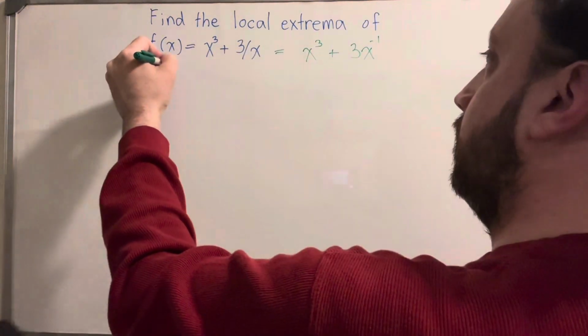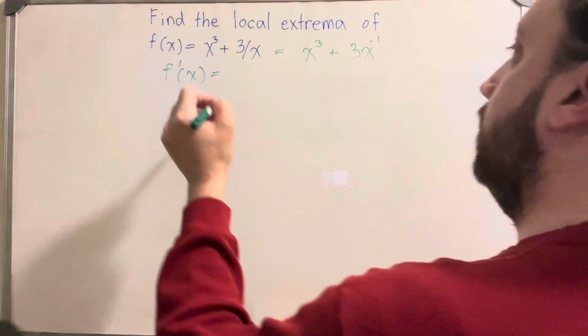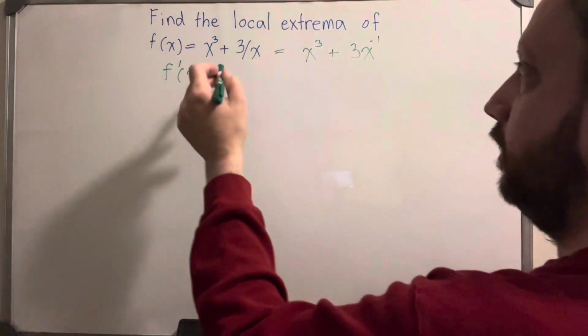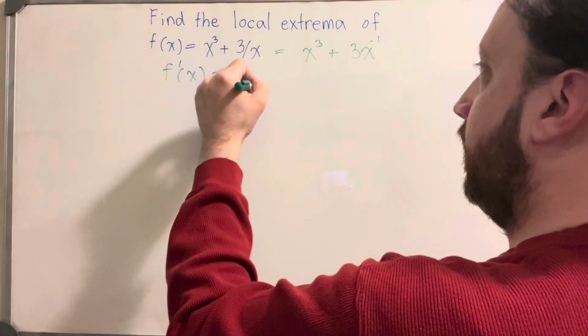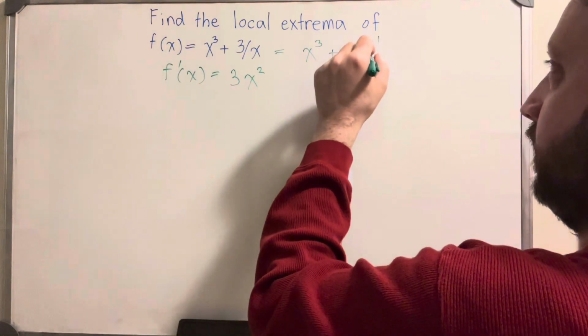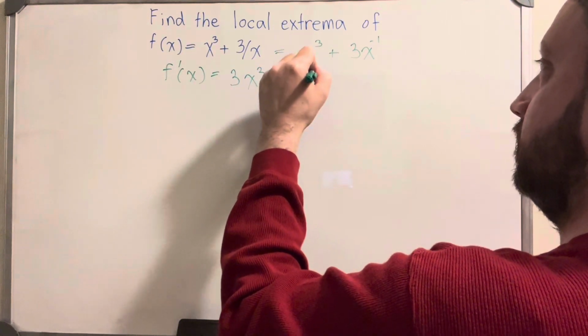Now we want to find f prime of x. This is nice. We can just use the power rule. So this would be 3x squared and negative 3x to the negative 2. So it would be minus 3x to the negative 2.